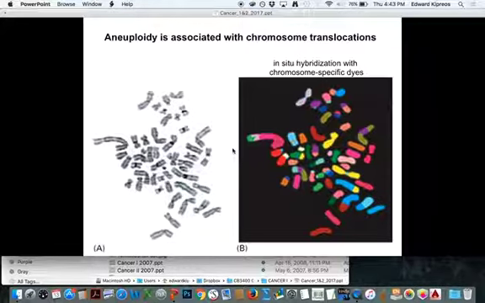This chromosome is overrepresented. Other chromosomes may be underrepresented, okay? So this is what's causing the genetic instability. And in the next lecture or the lecture after that, we'll explain exactly how this starts. There's a particular mechanism that will cause this.